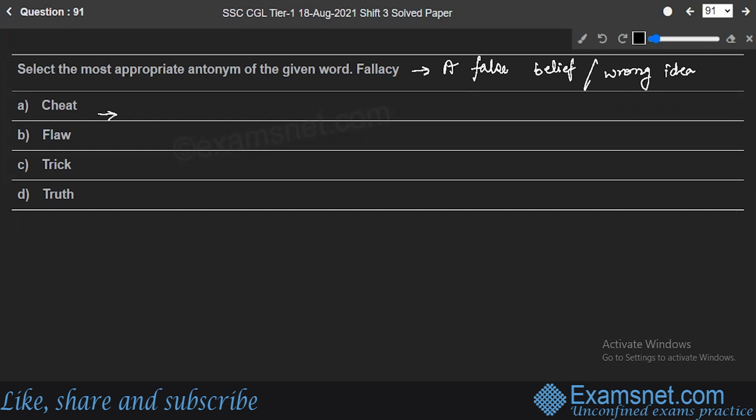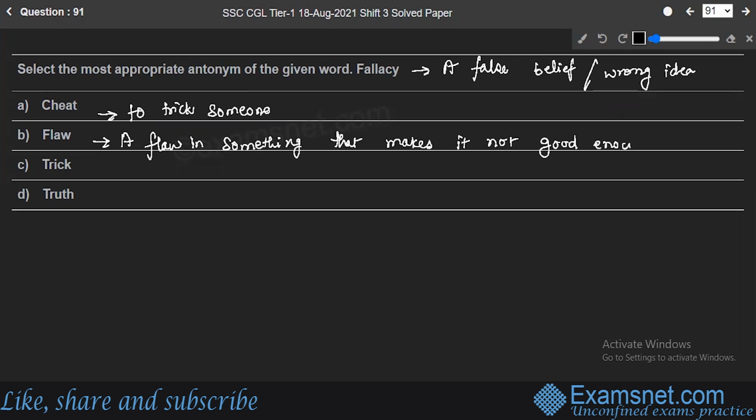Cheat means to trick someone, especially when that person trusts you. Flaw means a mistake in something that makes it not good enough.